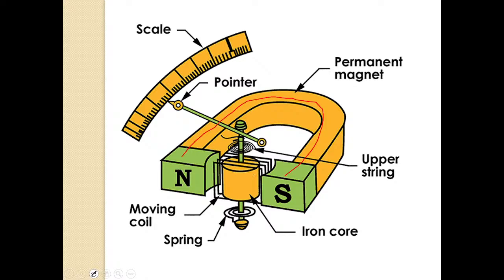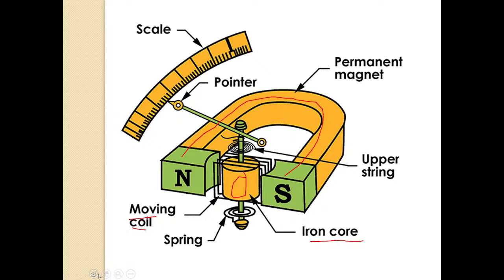Now here I have told you that this moving coil is wound across the iron core. So this is our iron core, and around it the moving coil is wound. Depending on the shape of the coil, the iron core shape will change. If the iron core is spherical, then the coil will be circular. If the iron core is cylindrical, the coil will be rectangular.